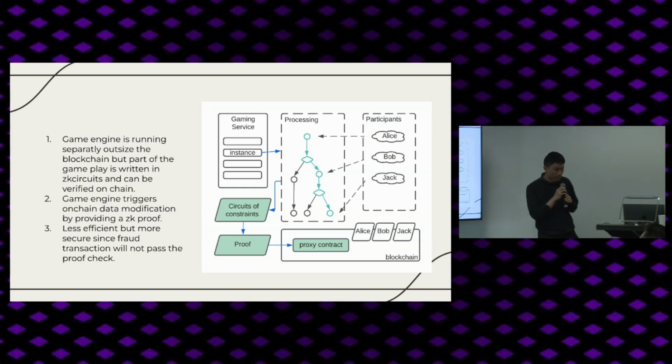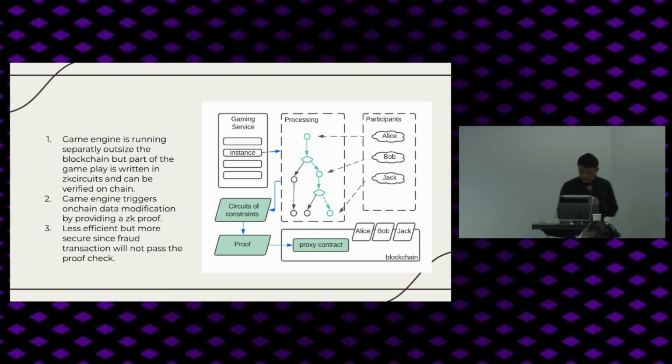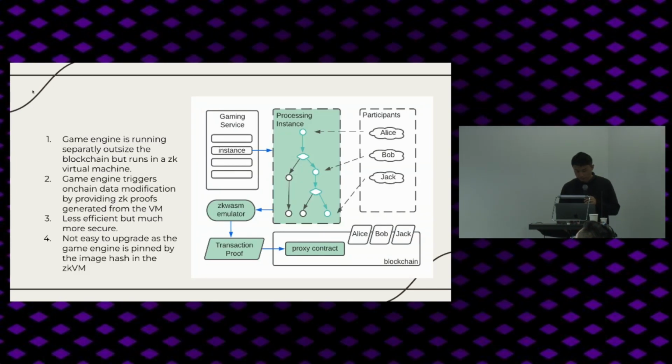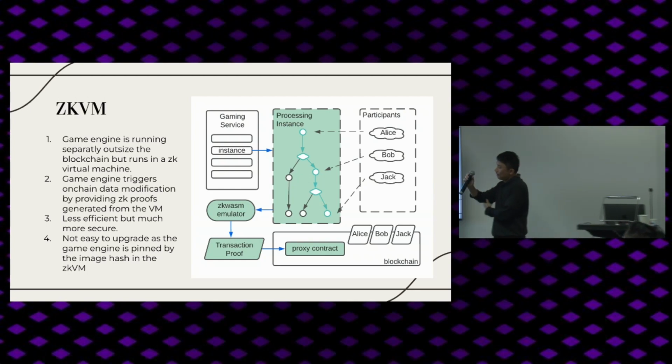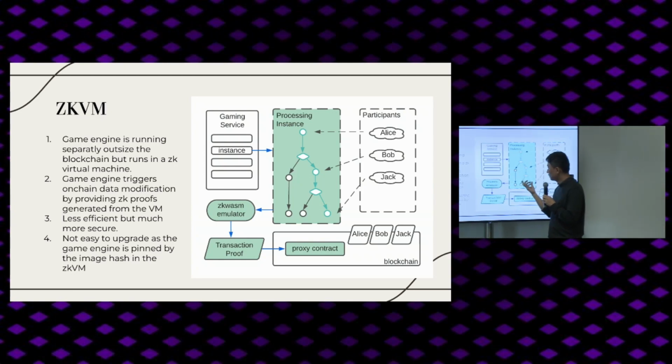But now, once we have the zero-knowledge virtual machine, things change because we can imagine that this game logic is not built in a traditional language, but built as bytecode that can run on a virtual machine.